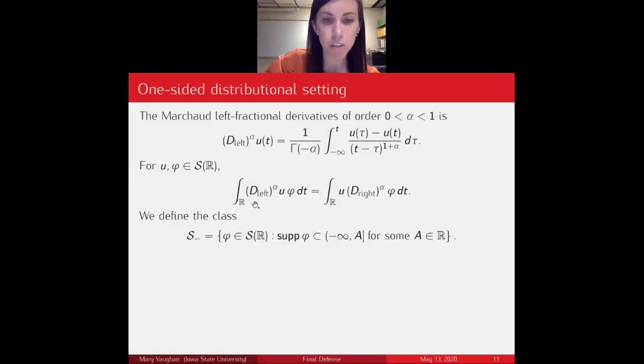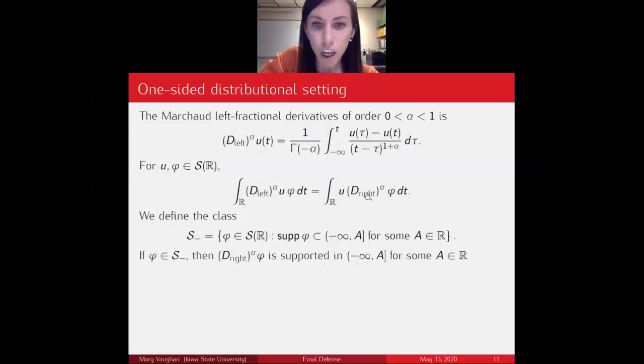I don't need to know what happens in the future to be able to compute this. Similarly, if you look at the pointwise formula for the right fractional derivative, this will also be supported on the left. So I'm only looking at the values of u on the left again. It's exactly what this says.